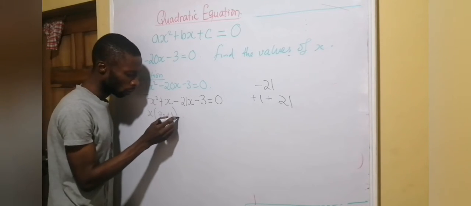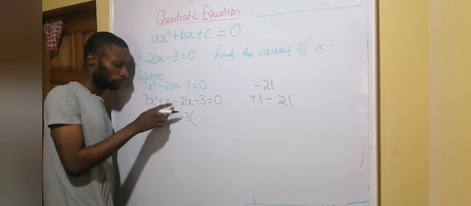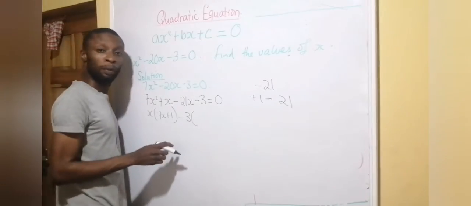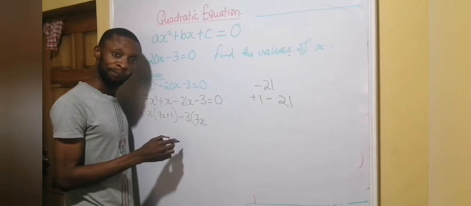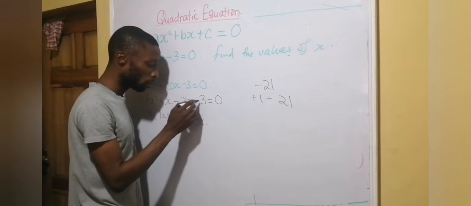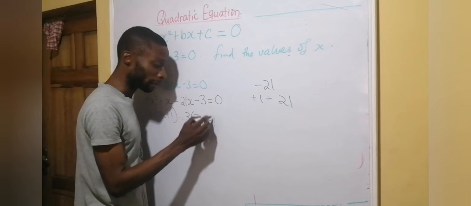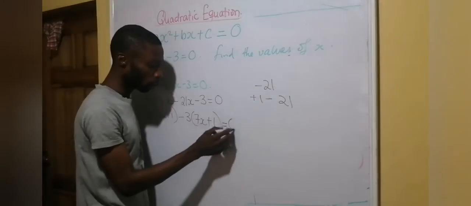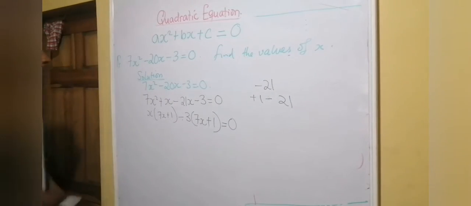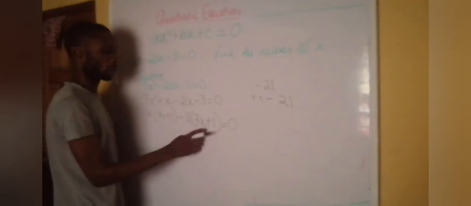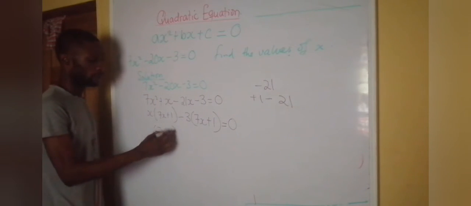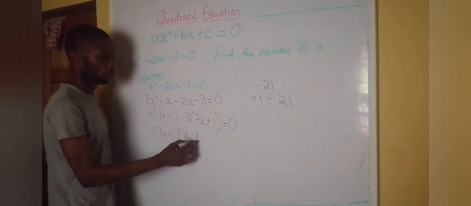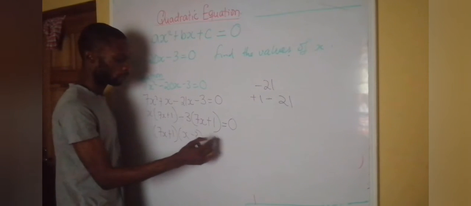Now after you've done that, 7x plus 1 is common. So you have (7x plus 1)(x minus 3) is equal to 0.